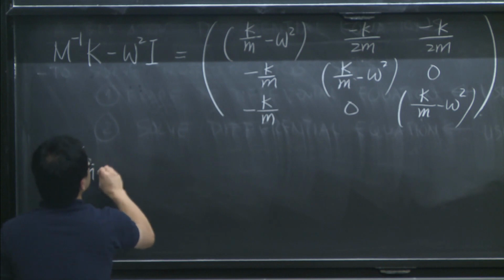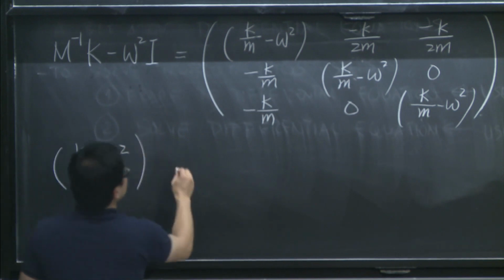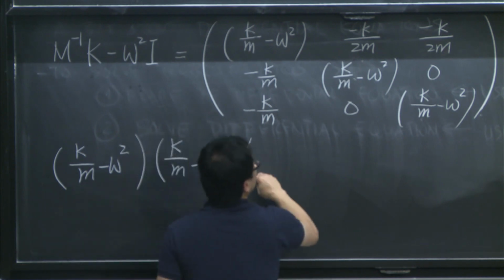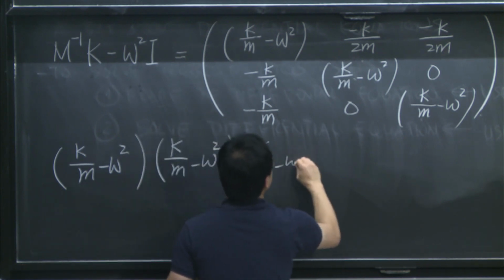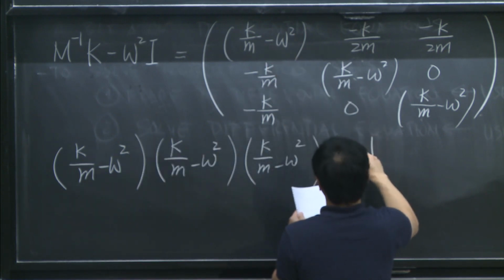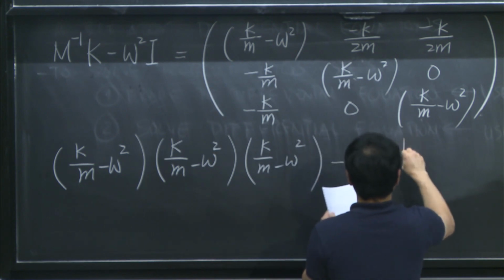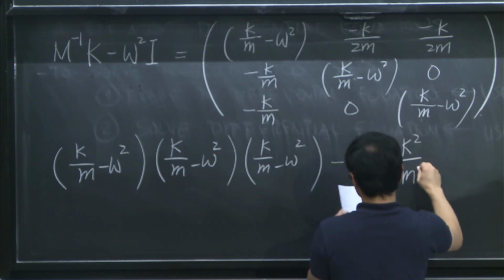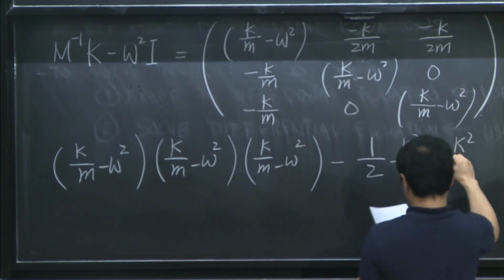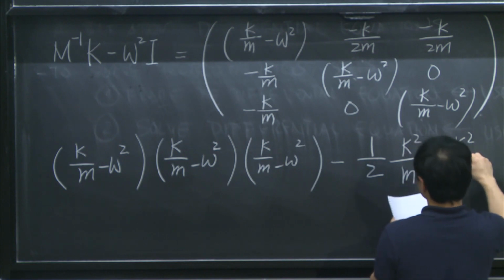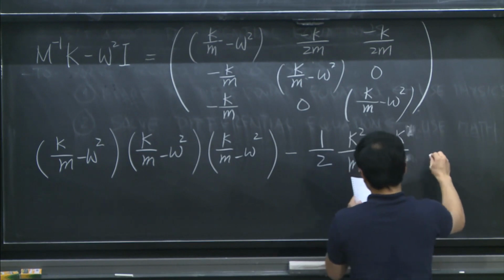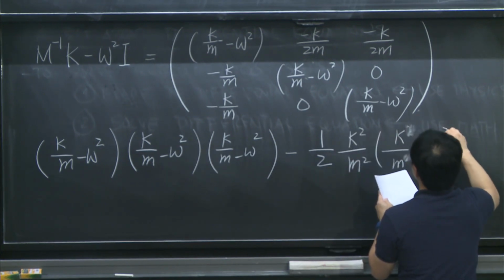So basically what you get is k over n minus omega squared times k over n minus omega squared times k over n minus omega squared, right? So these are all diagonal terms. And the minus 1 over 2 k squared over n squared, k over n, sorry, minus omega squared.